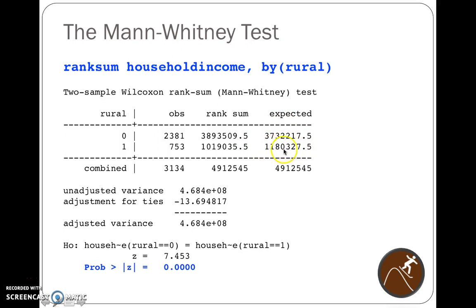We would expect these rank sums if nothing was going on, if there was no difference in the actual populations. We get a p-value of 0.0000, so you should be immediately thinking p less than 0.05, significant difference from something. So the rank sum for the heavy rural counties is significantly different than the expected amount for the non-heavy rural counties. There's a significant difference according to the Mann-Whitney test.